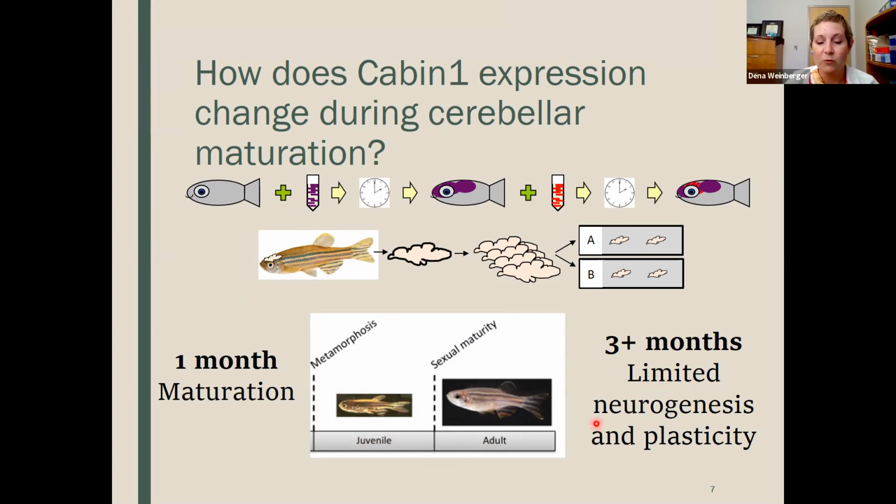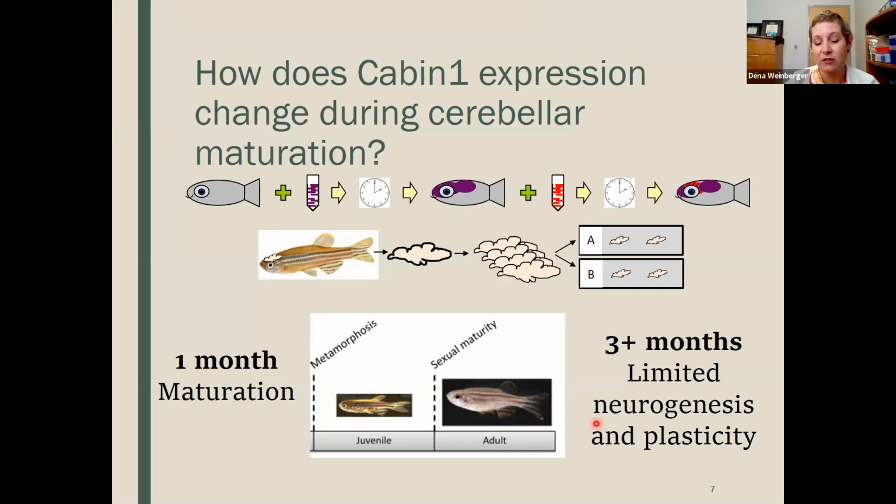And then in the adult, where we're only looking at the limited neurogenesis and the plasticity of those cells. That's where we know that MEF2 and P53 might be playing roles in those cell populations.